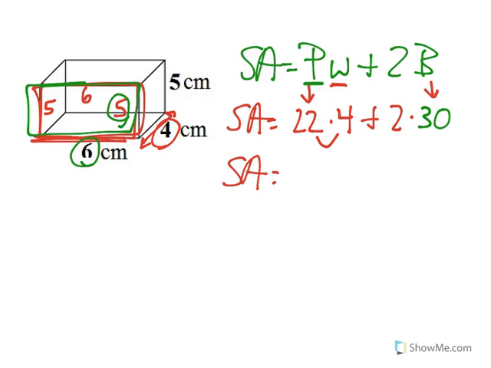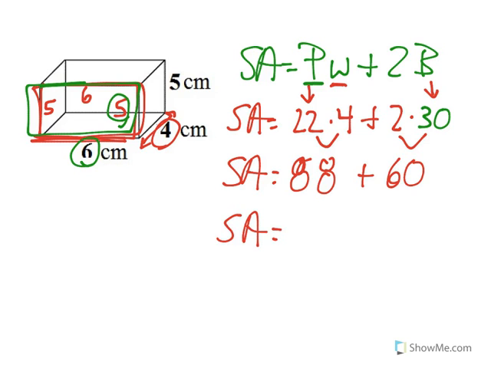So I can now do my order of operations. 22 times 4, 88, plus 2 times 30, 60. Surface area, 88 plus 60, 128. Now what's my label? Well, that's how many squares it took to cover the entire object.